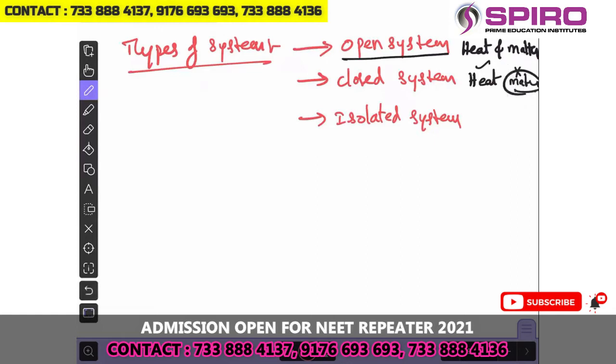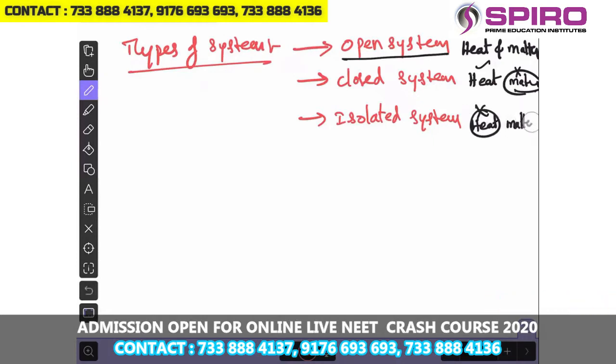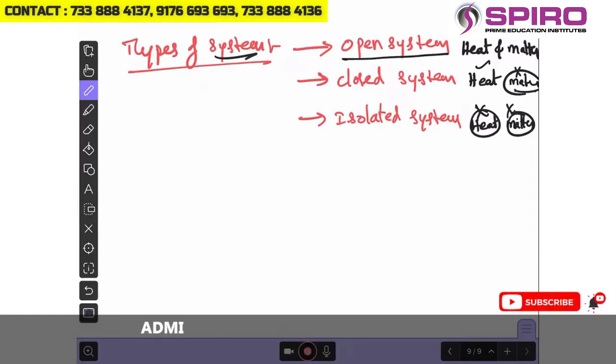Isolated system, neither heat exchange takes place nor matter exchange takes place. Okay, so like this, the systems are of three types based on the type of the boundary.